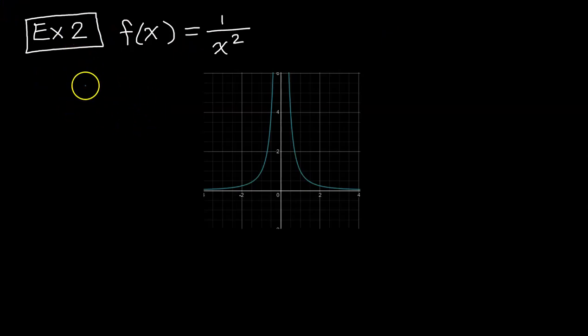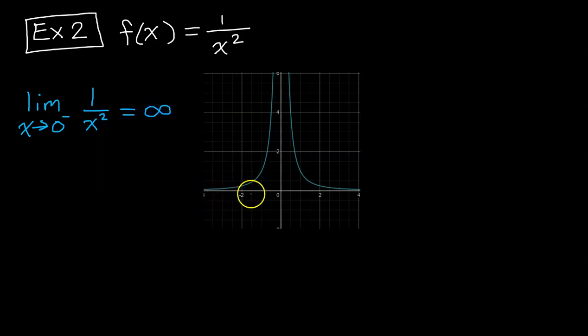Well, example 2 is déjà vu. The function f of x equals 1 over x squared is back to demonstrate our notation for infinite limits. So, first of all, let's break it down from the left and from the right. We could say that the limit as x approaches 0 from the left, that's what this little minus sign means, of 1 over x squared is equal to positive infinity.